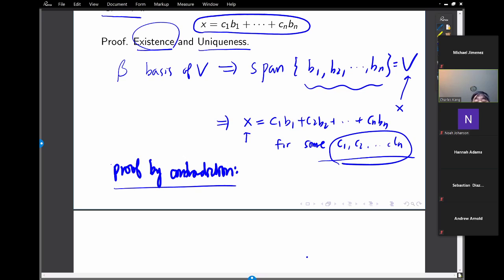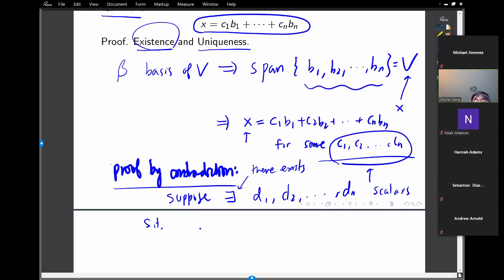All right, so suppose there exists a set d1, d2, up to dn. So you have a different set of scalars, such that x can be written as d1 b1 + d2 b2 + ... + dn bn.